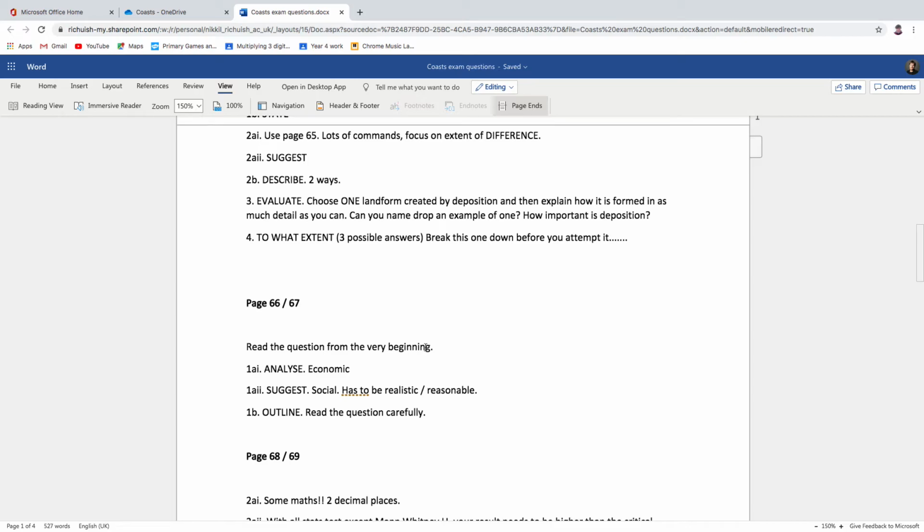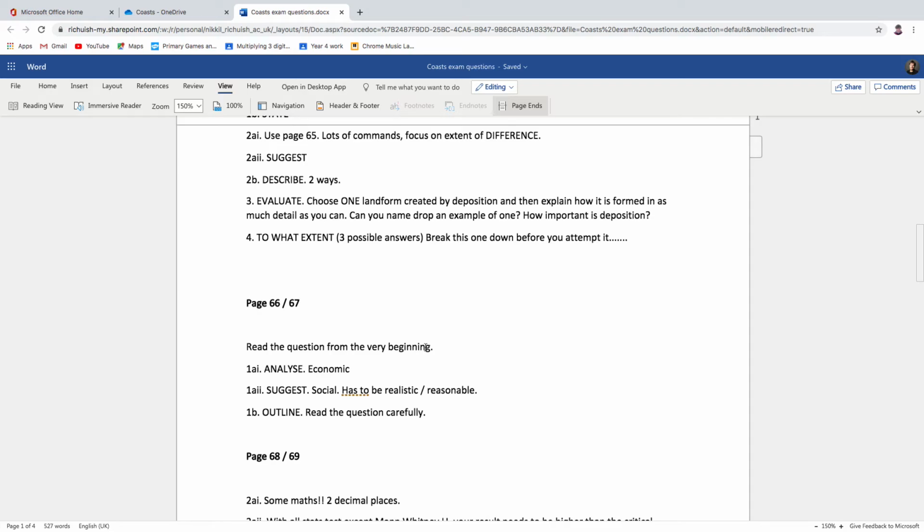Evaluate. Okay, evaluate is to kind of weigh up something. So if you're evaluating the importance of something, you're saying how important is deposition in comparison to other stuff. Now, clearly we're talking about depositional landforms. Deposition is important, isn't it? But let's think about this.